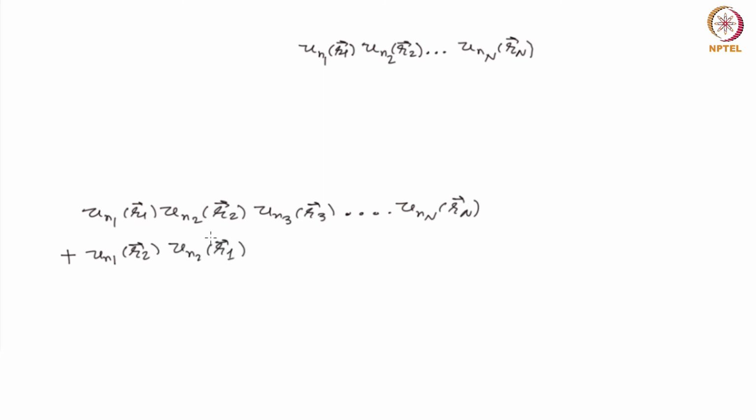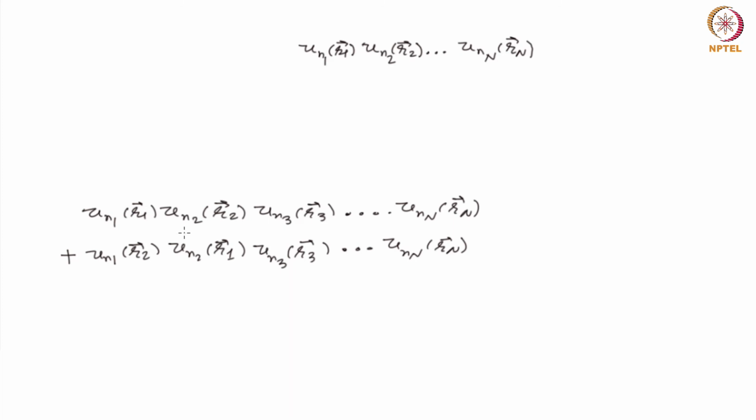I have interchanged r2 and r1, and these other factors I keep the same. If I do so, then I have arranged for a symmetry under r1, r2 interchange, or particle number 1 and particle number 2 interchange.